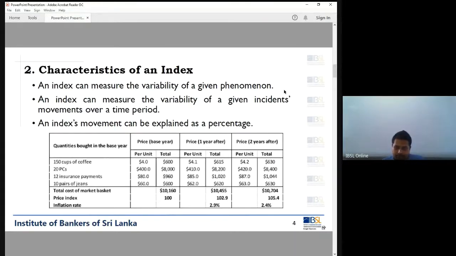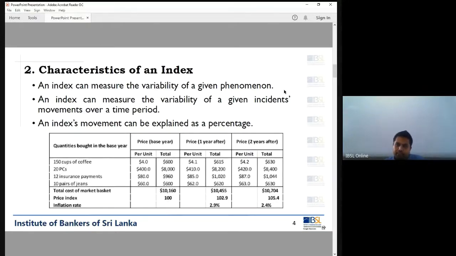Similarly, you can define any phenomenon into a basket or a set, then measure the weight as per the weighting that you assign to that basket. It doesn't necessarily have to be tangible things always. If you want to put some weather related metrics into one basket, you can even create an index. Let's say you want to put some energy related items into a basket, you can create an index.